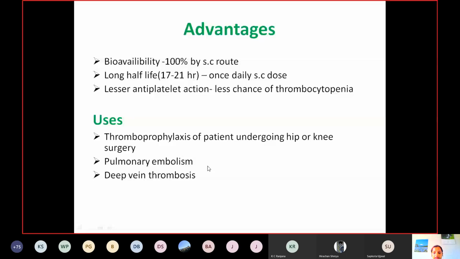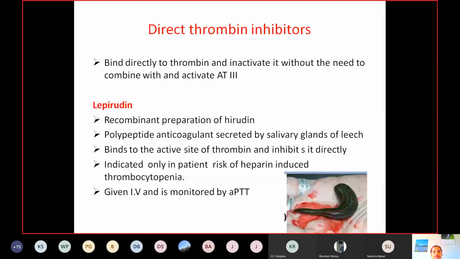These are the uses of synthetic preparations. Now let's come to direct thrombin inhibitors. Till now we were discussing the indirect inhibitors, indirectly inhibiting by enhancing the action of antithrombin 3. But these drugs, direct thrombin inhibitors, directly inhibit the activity of thrombin, that is factor 2.